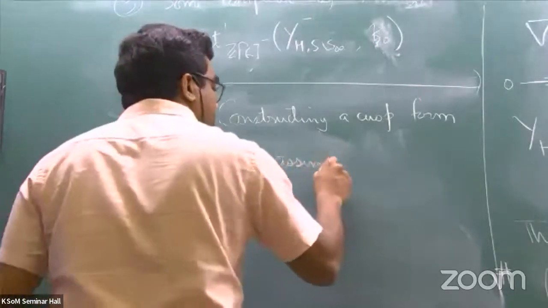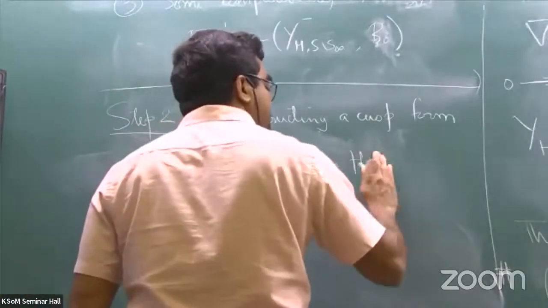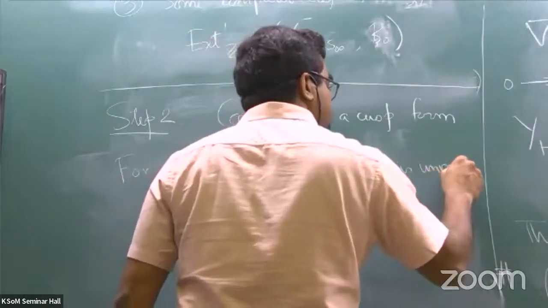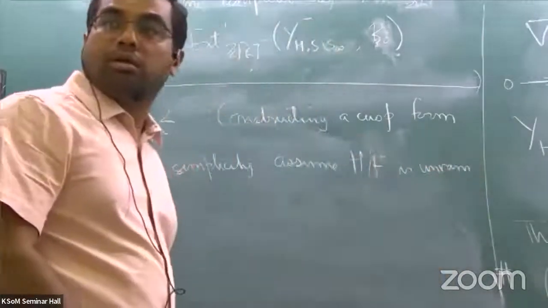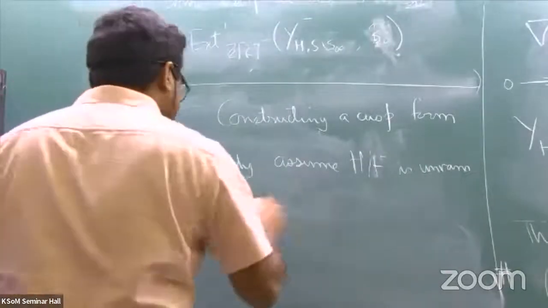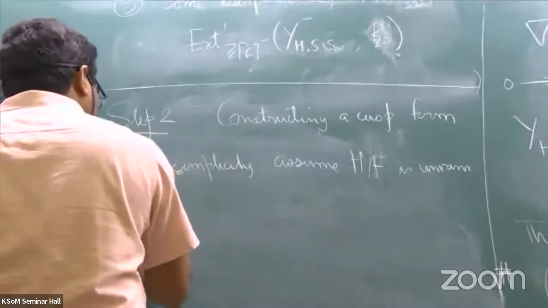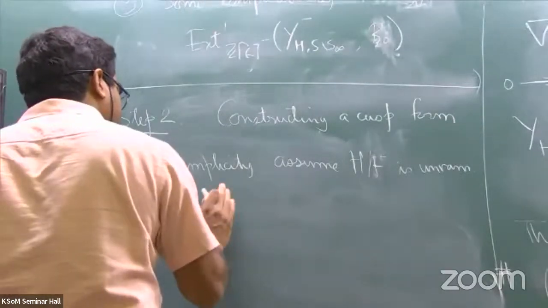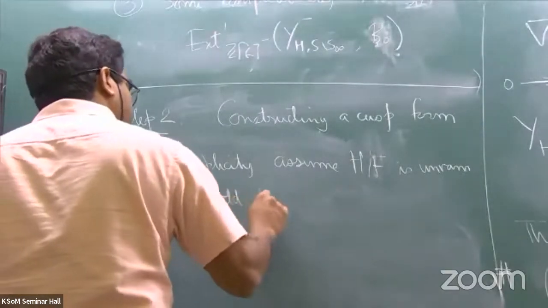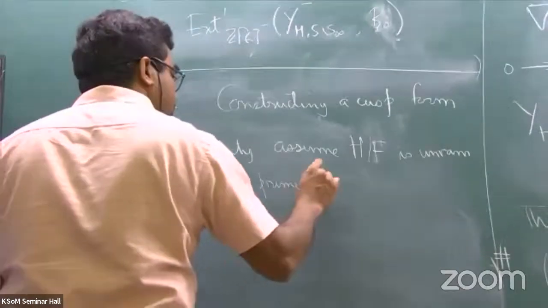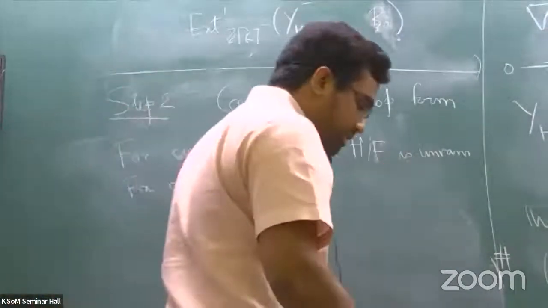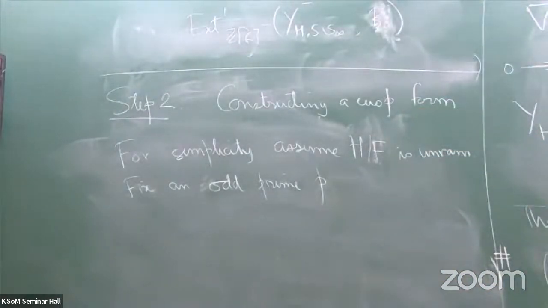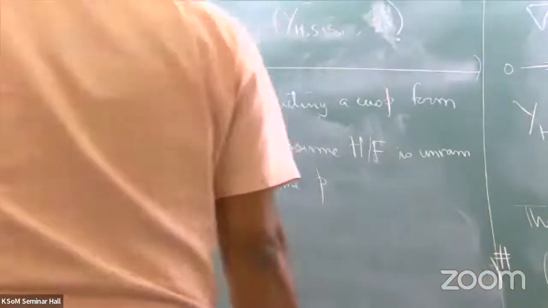Assume H over F is unramified, and we also fix an odd prime P. In fact, this is the hardest case in some sense. H over F unramified: ramification away from P is hard.